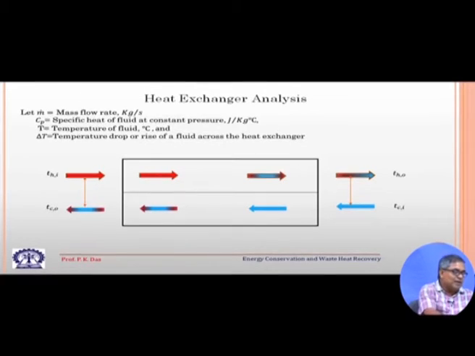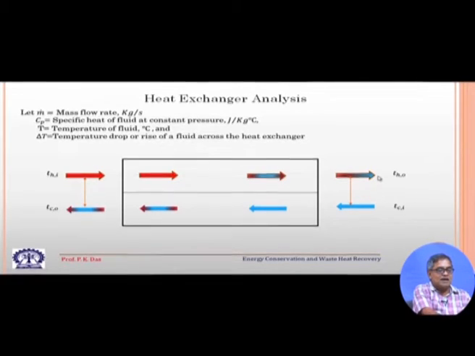There is some other use of delta T. Suppose this end of the heat exchanger we denote by 1. Then T_HI minus T_CO could be denoted by delta T1.